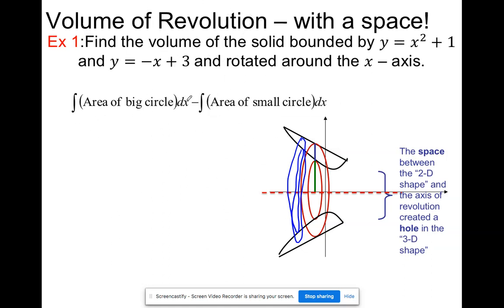The volume is the area of the big circle, suck out the area of the small circle to create your hole. Okay, this is your big solid donut. Suck out the donut hole.